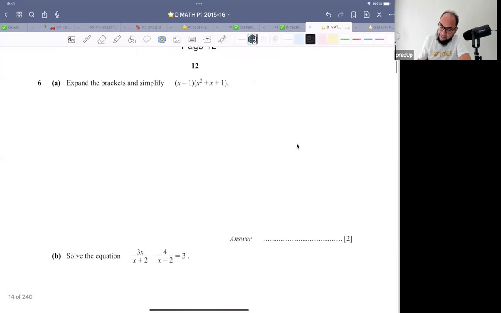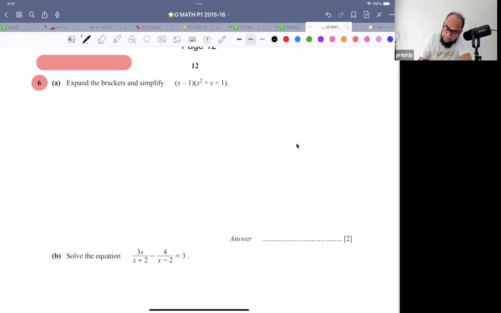Now, something like this. This is algebra, question number 6. And it says expand the brackets and simplify. So let's get started. X into all these. So that is x cube plus x square plus x.